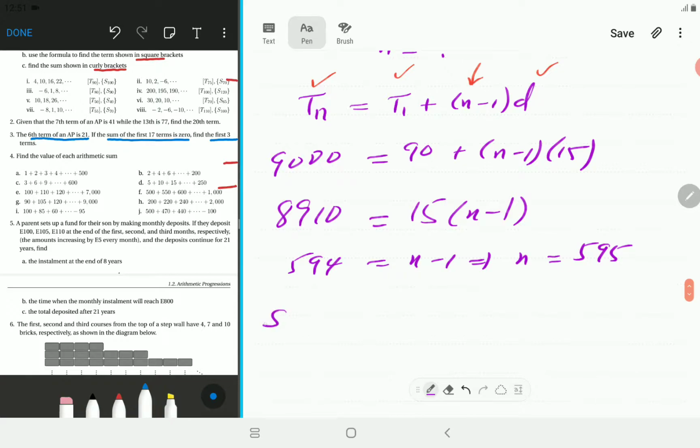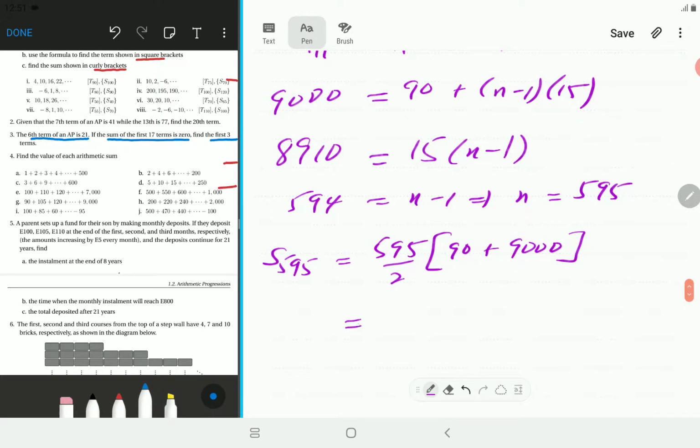So the sum we're looking for is S595. Since we know the first term and the last term, we can use the formula which uses T1 and Tn. T1 is 90, Tn is 9,000.